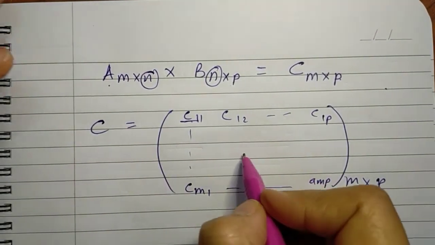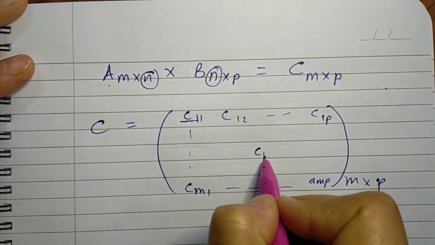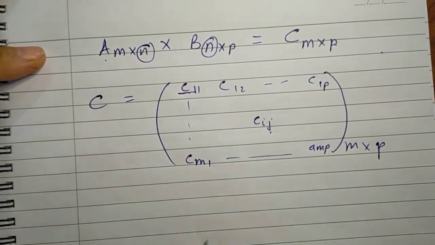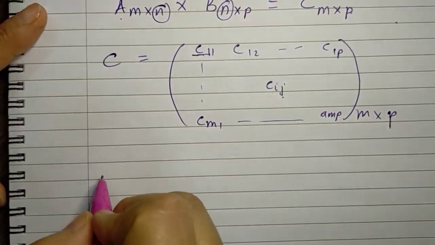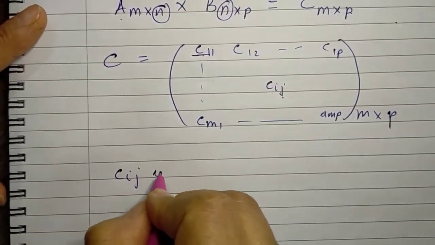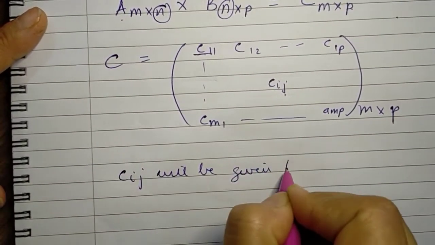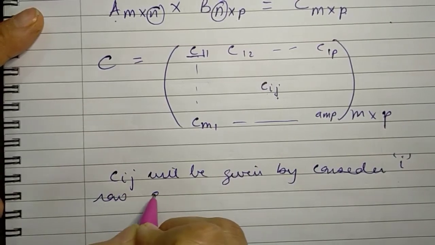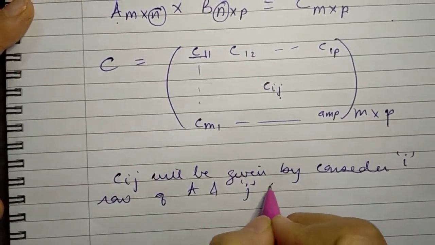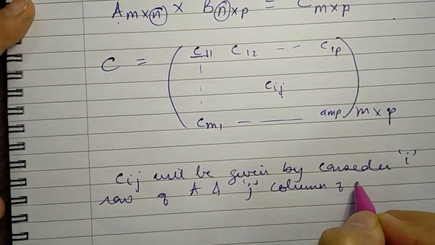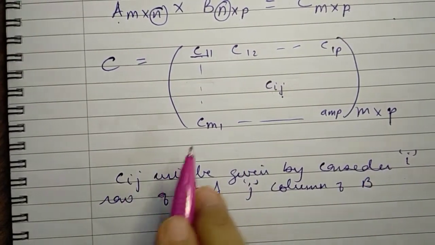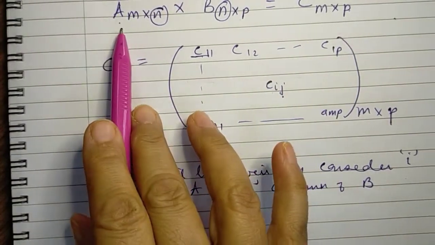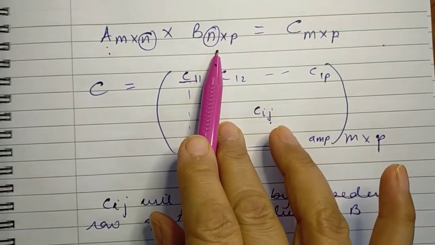Now let's say Cij is the ith row and jth column element. How do we get the Cijth element? Cij will be given by considering the ith row of A and the jth column of B. This is for sure: if you want the ijth element, you take the ith row of the first matrix and the jth column of the second one.